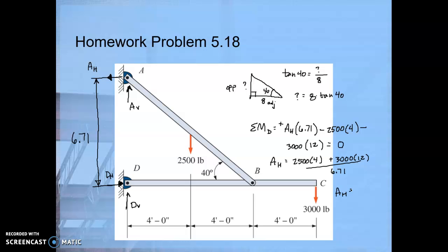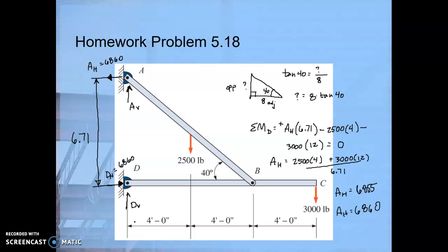So AH is equal to, that gives me 68.55, and if we round that off to three significant figures, that's going to be 68.60 pounds. Which means that DH is also going to be 68.60. And so we've got the two horizontal reaction forces.